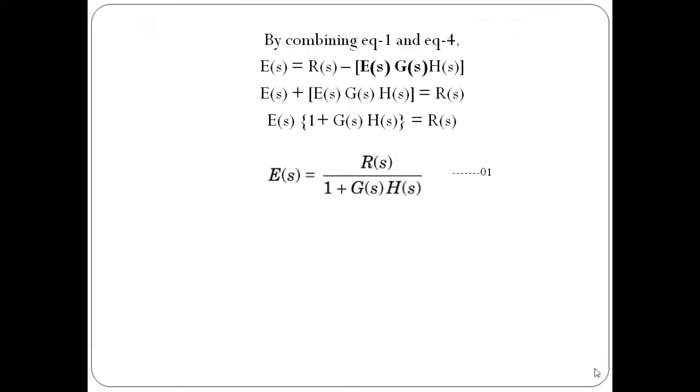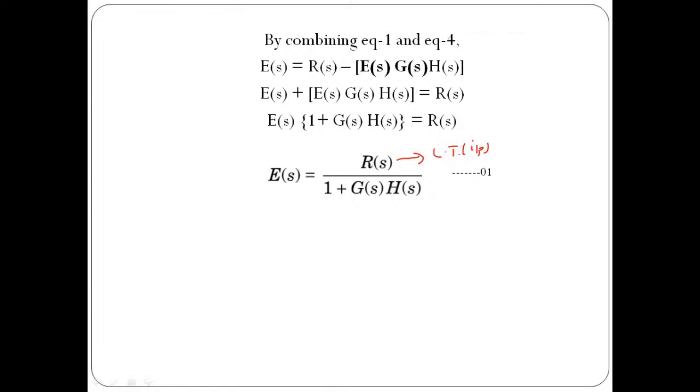Equation number 1 gives the expression: error signal is given as R(s) divided by 1 plus G(s) into H(s), where R(s) indicates the Laplace transform of the input.